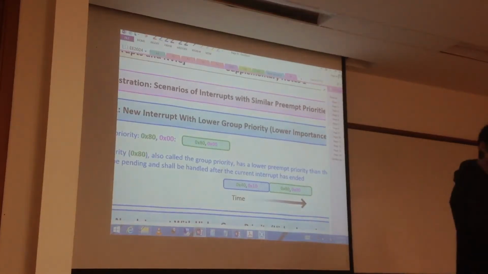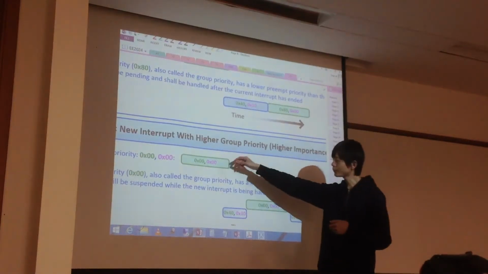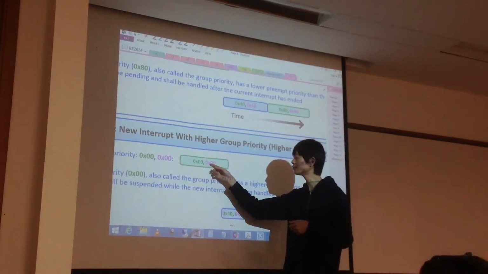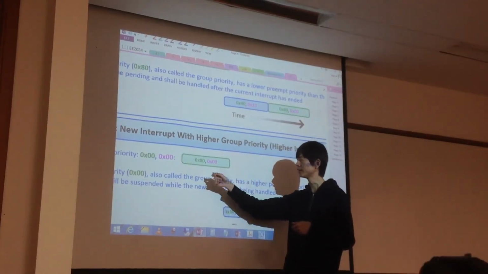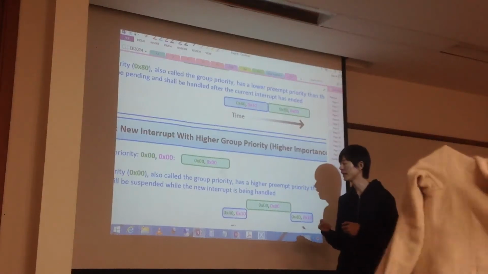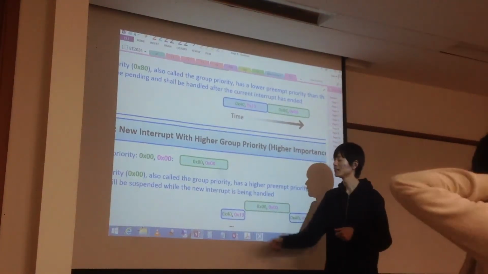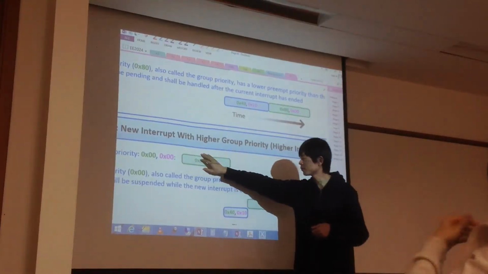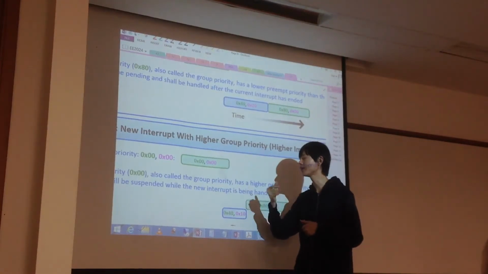Another example. This comes in. Group priority is 0, 0. Sub-priority is 0, 0. It checks the group priority. Currently, my handler or my source being handled is 40 hex. Somehow, this interrupt comes in, which has a value of 0, 0, which means a higher priority.